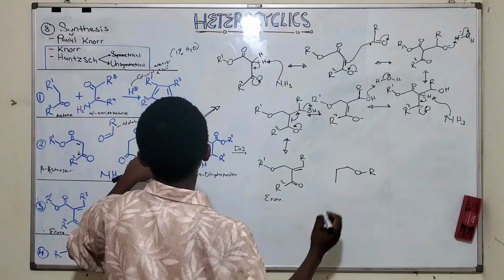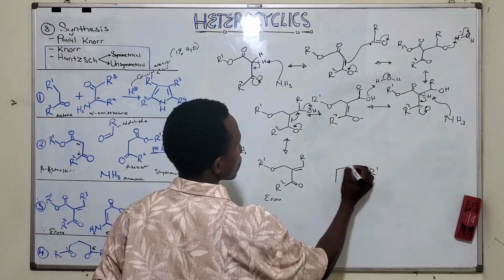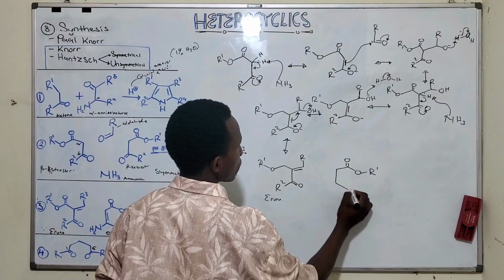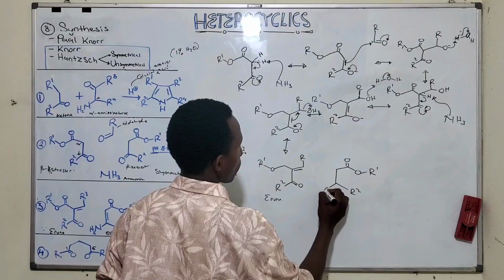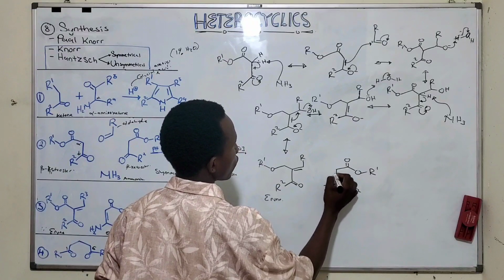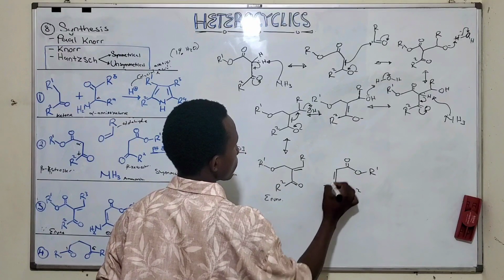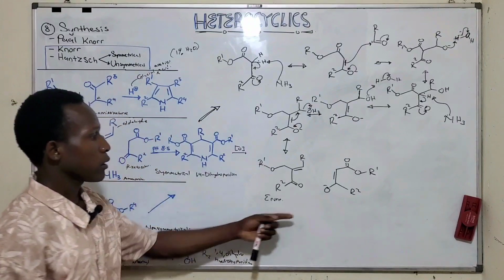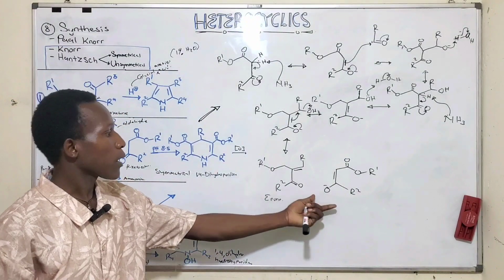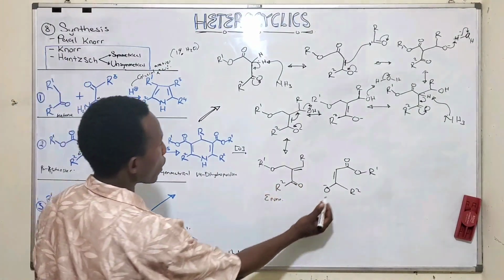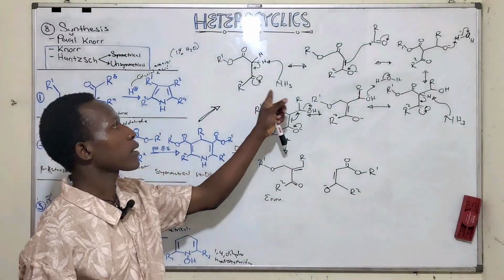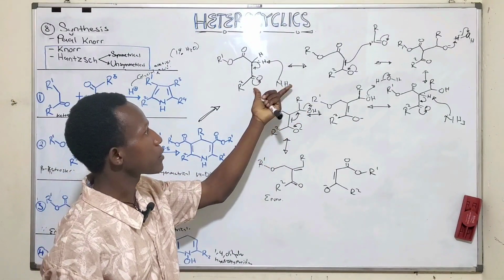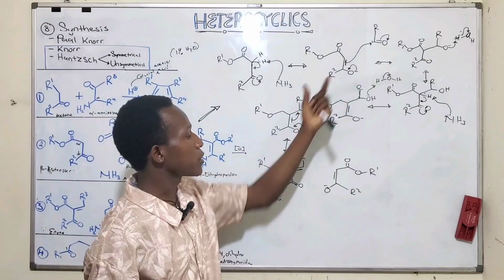Now, R1, R2, O minus, and we have a double bond here. This is beta keto ester. This is now activated using ammonia. Same step to reach this point.